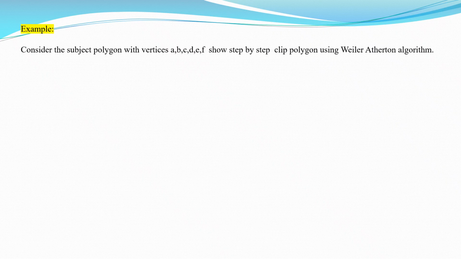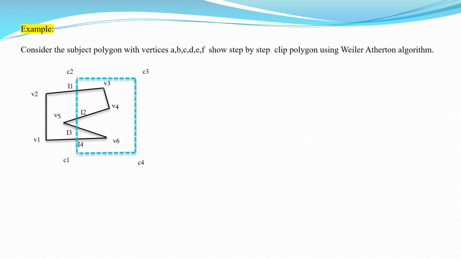Okay. So consider the subject polygon with the vertices A, B, C, D, E, F given. Show a step-by-step clipping using the Weiler Atherton algorithm. So here they are given as the subject polygon vertices. This is your given polygon with the vertices and intersections.